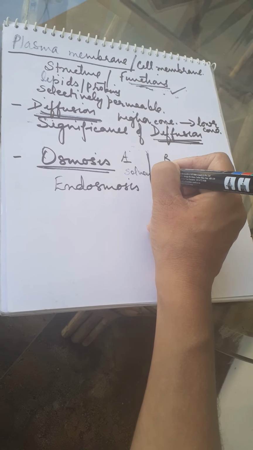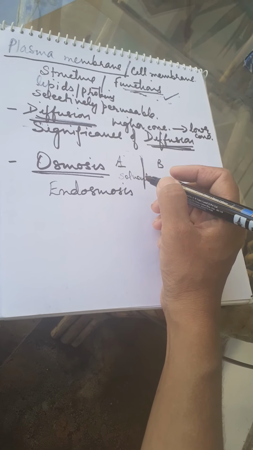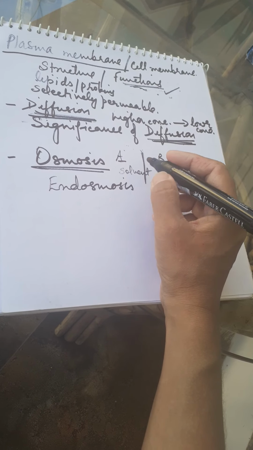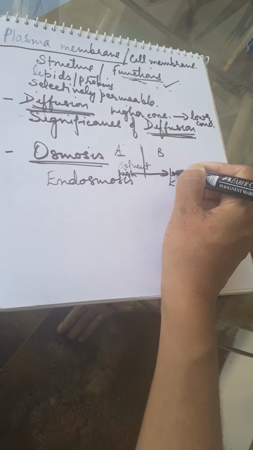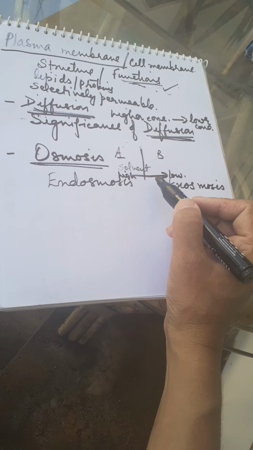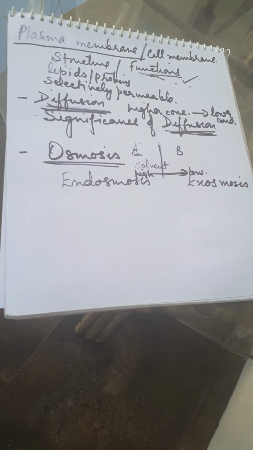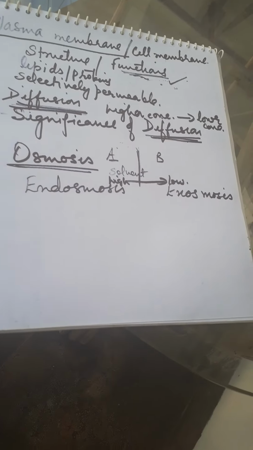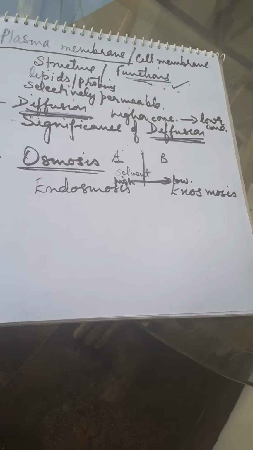It is the solvent, which is basically water in most of the solutions. So solvent starts moving from its high to its low concentration. It keeps moving till both the regions become the same, and this phenomenon is called osmosis. So osmosis is the movement of water molecules or the solvent from its high concentration to its low concentration.